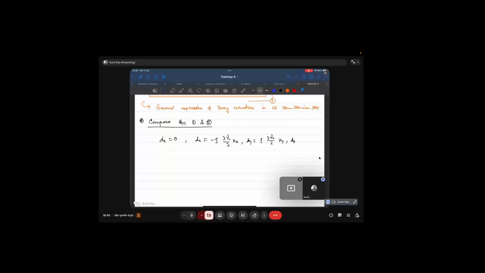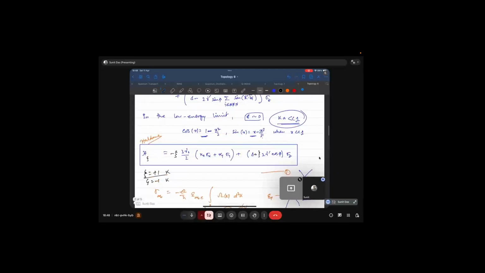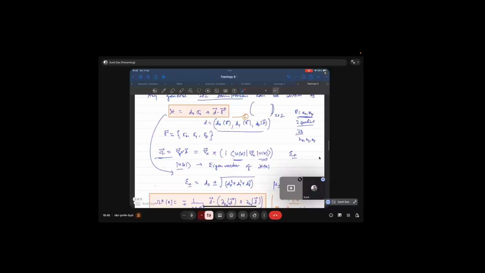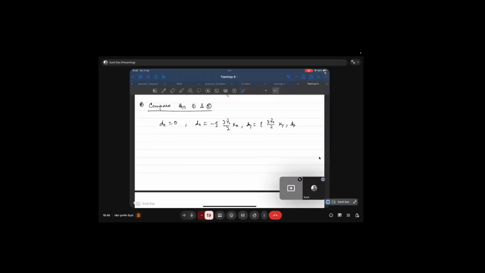And dz will be the whole part associated with the sigma z. Note that here there is no sigma 0, so in our case d0 is 0. So dz is delta plus xi 2 gamma prime cos phi.